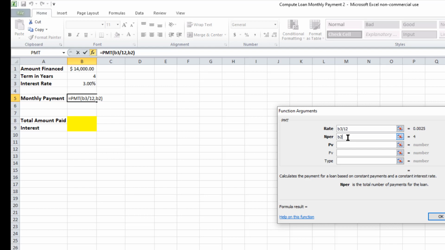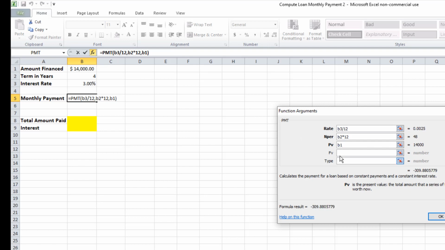Then I multiply that by the number of periods per year, so the asterisk here, and then type in 12. And then the next one is PV, the present value. That's simply the amount financed or your balance. So it's 14,000, and the reference cell for that one is B1, column B, row 1.